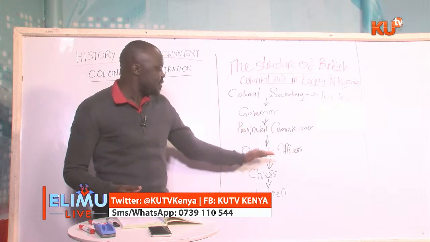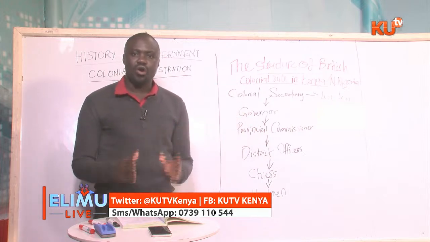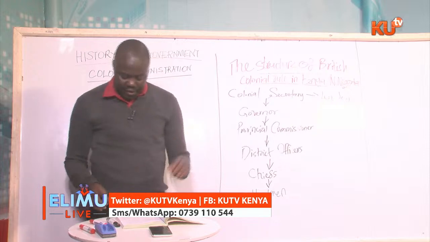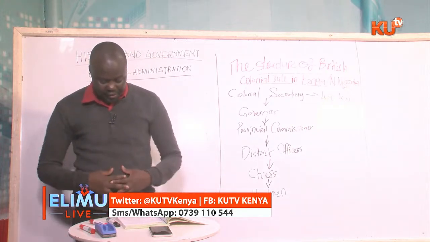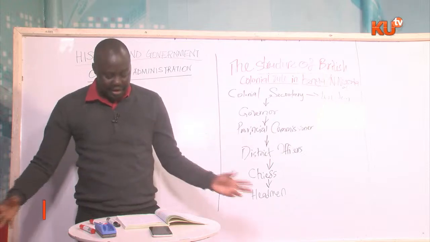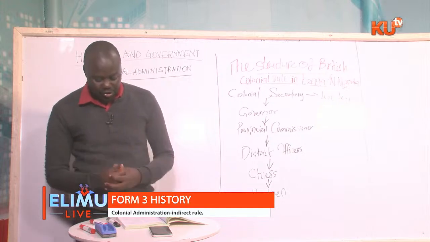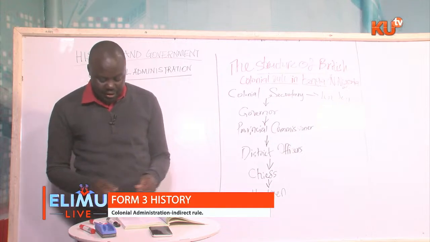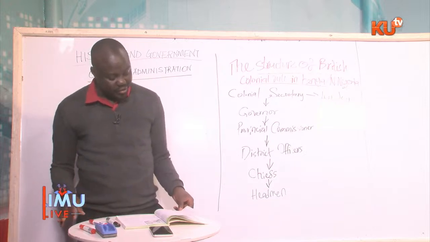Now from the district officers, provincial commissioner, governor, up to colonial secretary upwards were all white men and not the local. Others, including the Bantu groups, the Highlands and Plain Nilotes, the River Lake Nilotes, and all others basically were not ruled centrally by a centrally recognized authority. So under such areas, the British could use indirect rule.